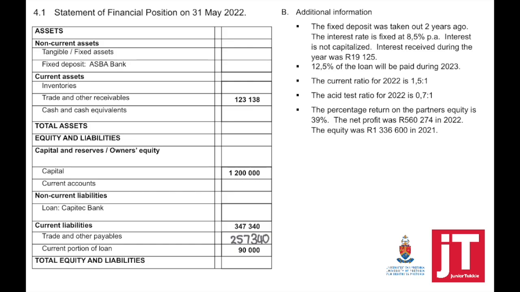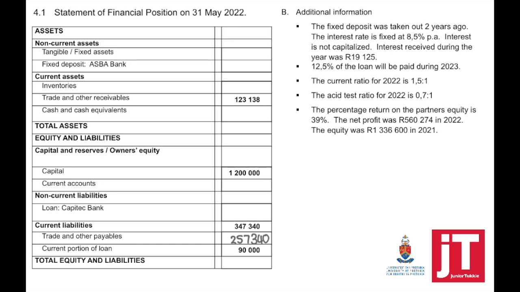So to find out the fixed deposit amount, we need to go back to the basics. How do we calculate interest in the first place? You have to take your fixed deposit amount times the percentage interest times 12 divided by 12, which means times 1 if we're calculating it for the whole year.